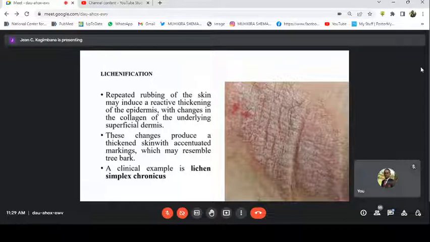It's seen in chronic eczema, a result of chronic itching and scratching. Lichen simplex chronicus is just a chronic eczema, which has a plaque, like this is a plaque with scales, but which is hyperkeratotic and lichenified. Because we may have all those components in one region. Okay?